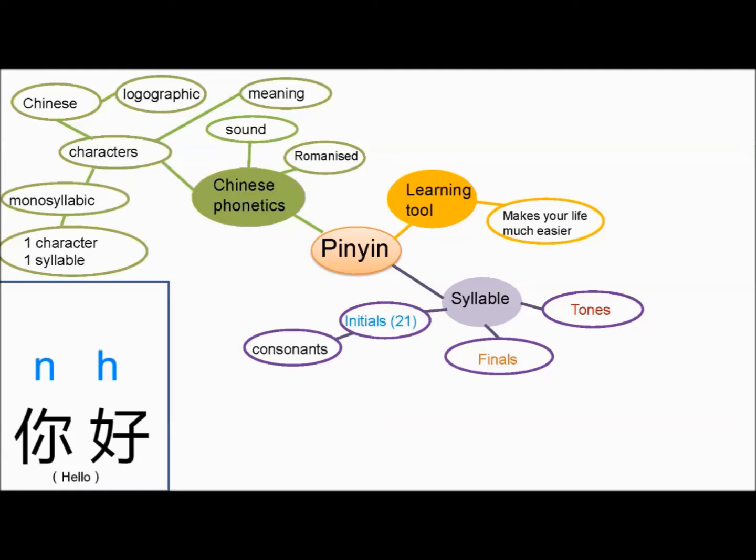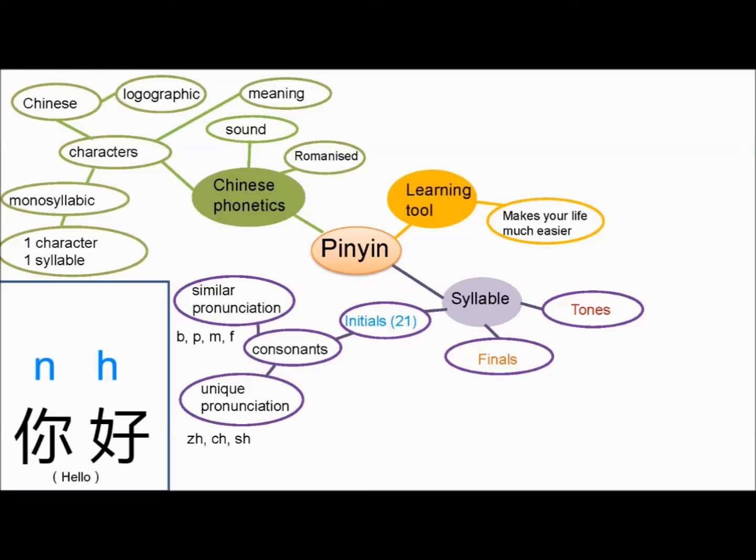They work somehow like the consonants at the beginning of an English word. Not only are they written in English alphabets, some of the initials are even pronounced the same as the English alphabets are pronounced. We will get into details in the next few sections.